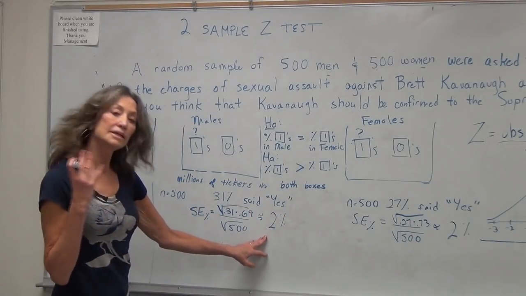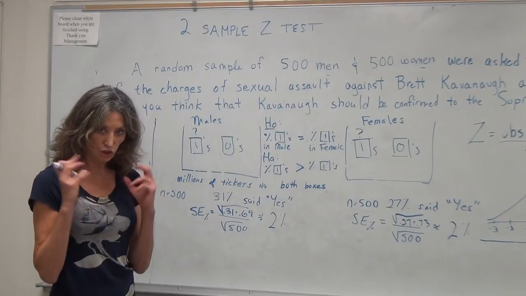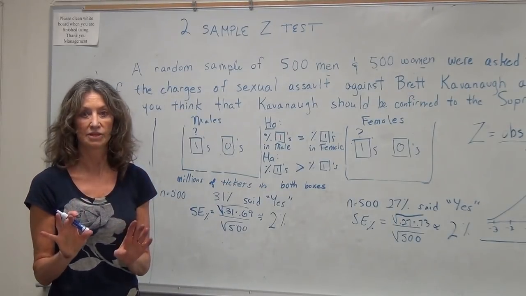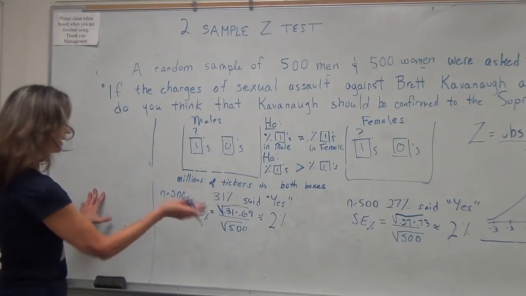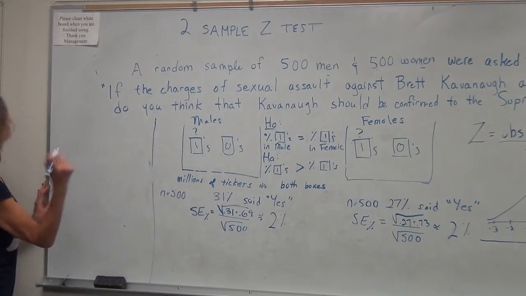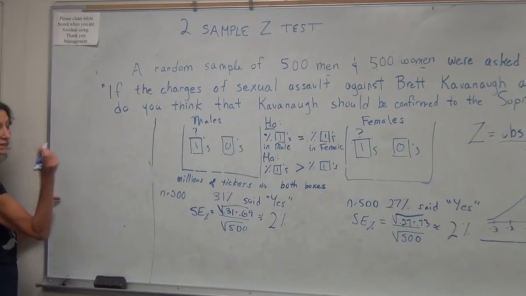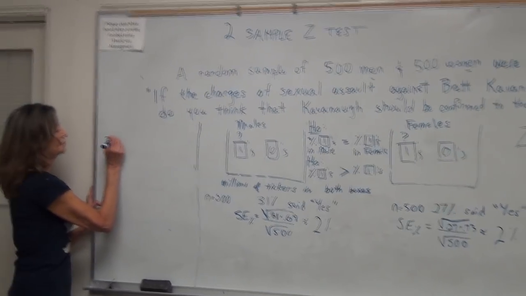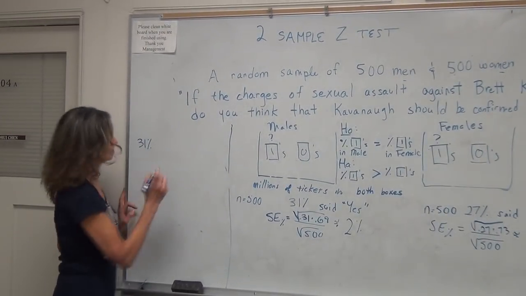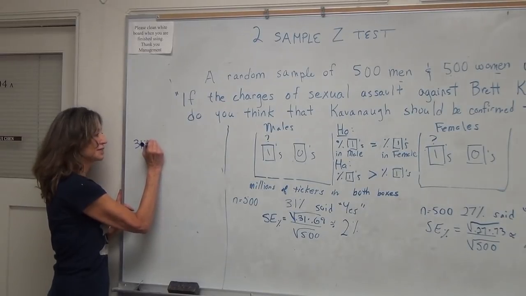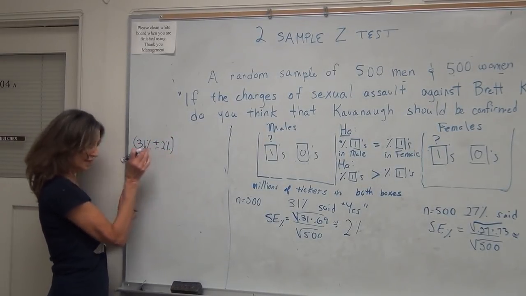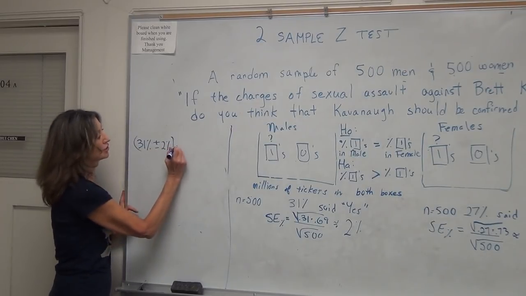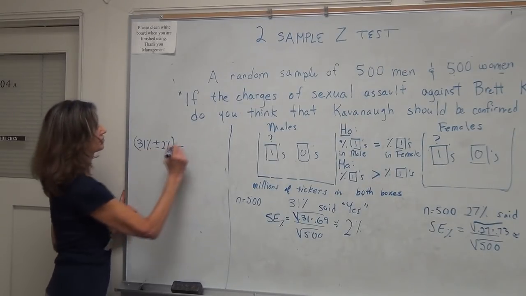Well, the key to thinking about this is to think about their two independent samples. So let me show you what I mean by that. All right? So here, for the males, we're looking at the difference. We have 31% for the males, but it can vary. The typical variation is plus or minus 2%. So that's for the males, and we're looking at the difference, so it's minus.